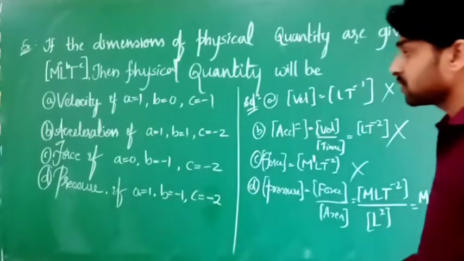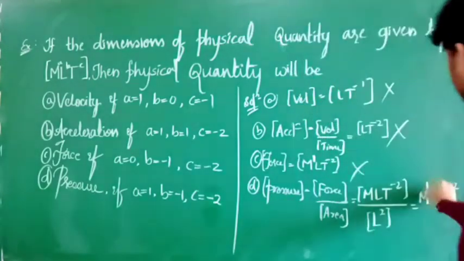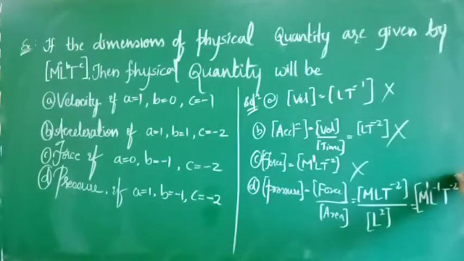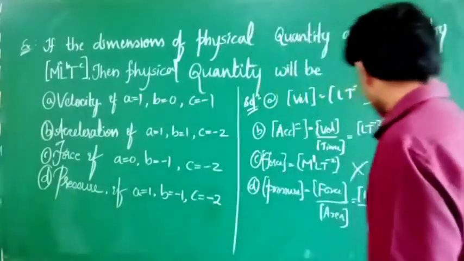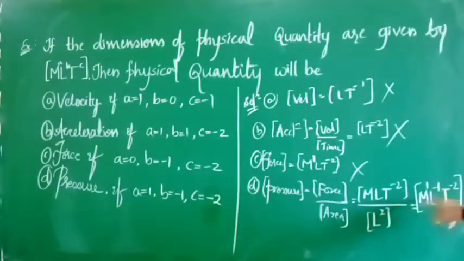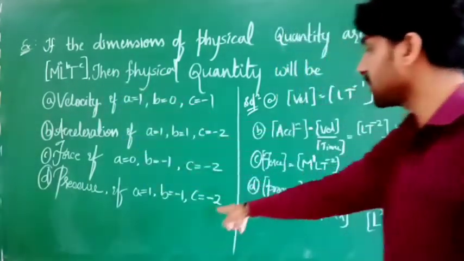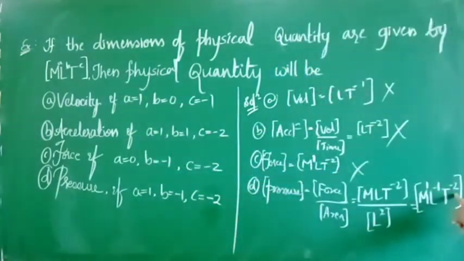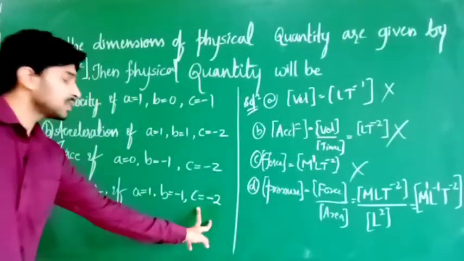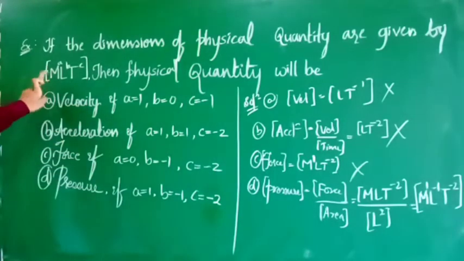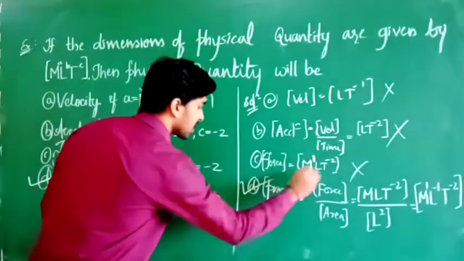Now check for the fourth one. If you substitute a value 1, m power 1, here we have m power 1. Next L power b, b value minus 1, L power minus 1. Satisfied. Next t power c, t power minus 2. That means if we substitute a value 1, b value minus 1, c value minus 2, this equation will satisfy pressure. That's why option D is correct.